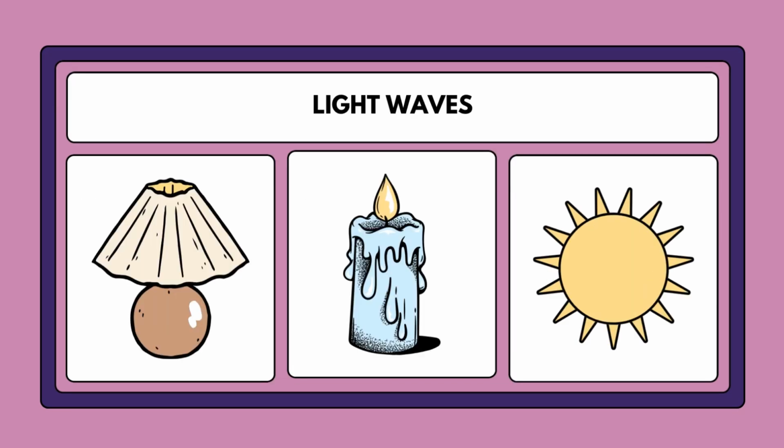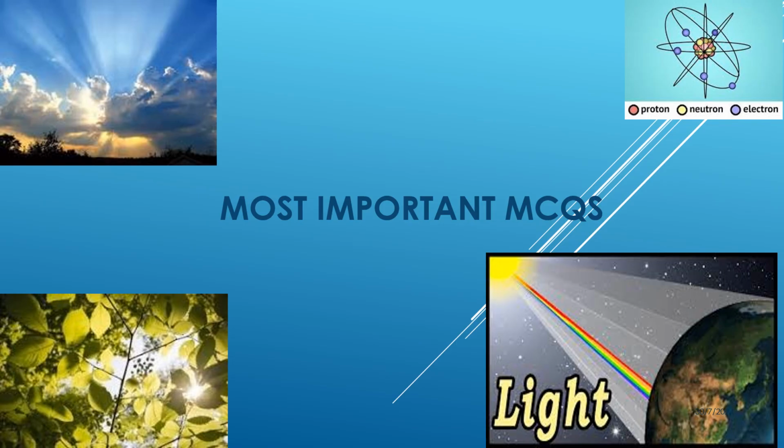So, the most important MCQs related to light: light allows us to see the surrounding world by distinguishing details, individual colors, movement, brightness.